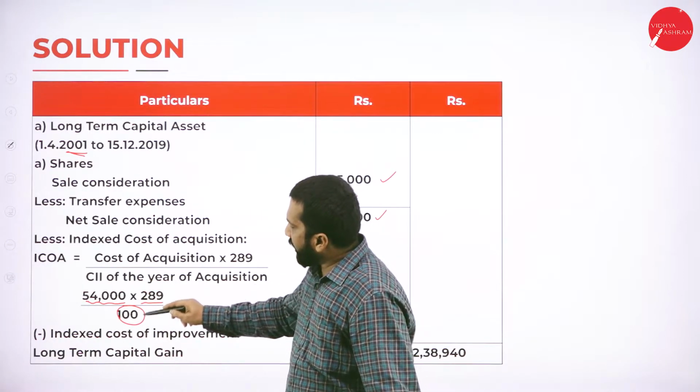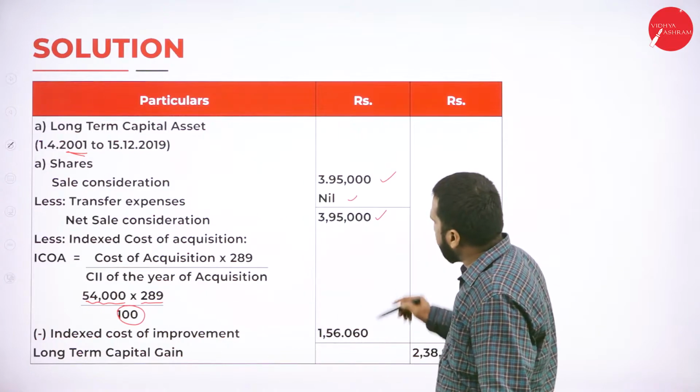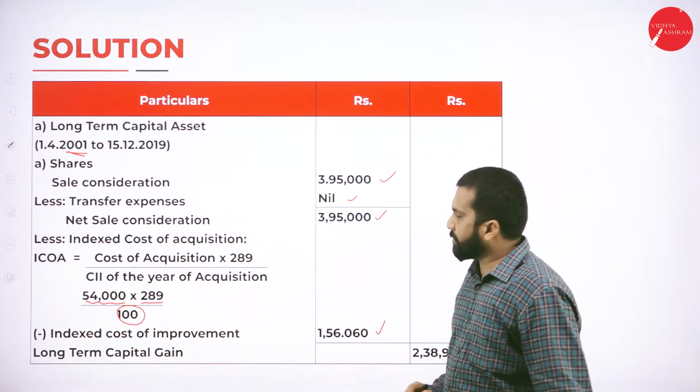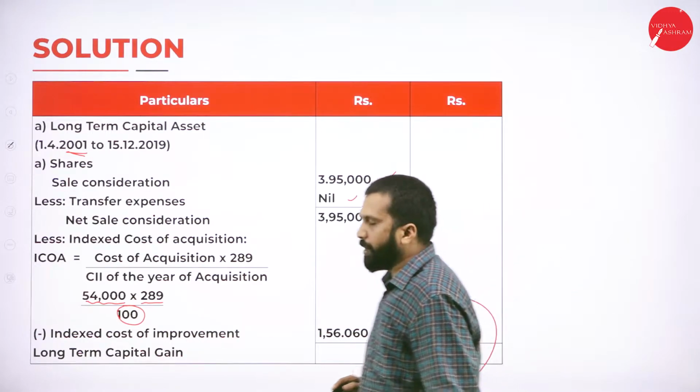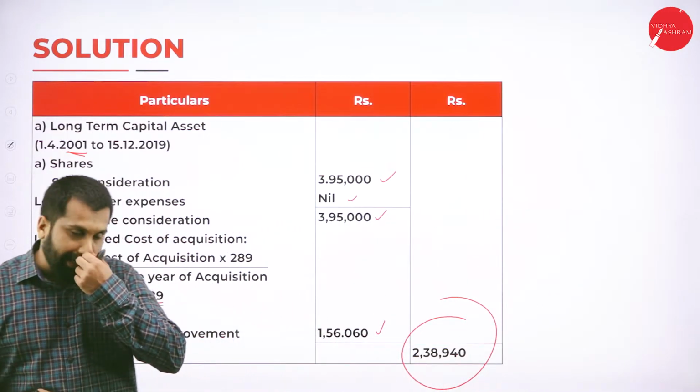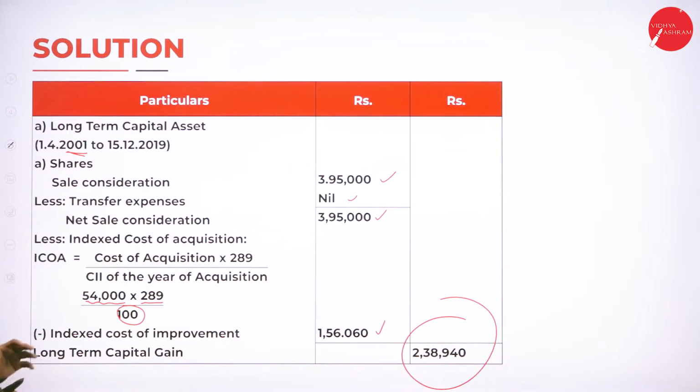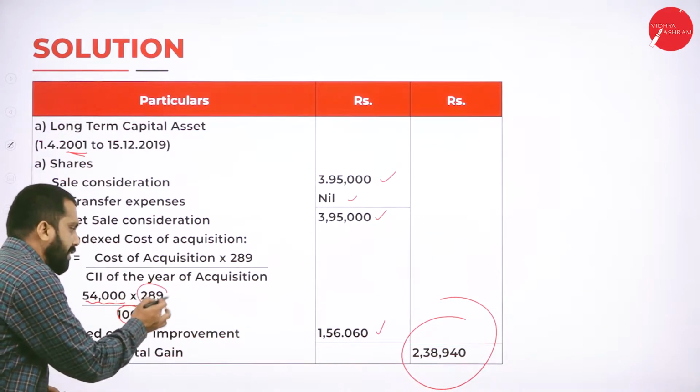Multiply and divide by 100, you get 1,56,000. 3,95,000 minus 1,56,000, your taxable value is 2,38,000.